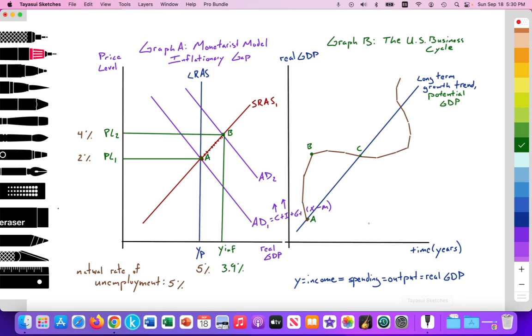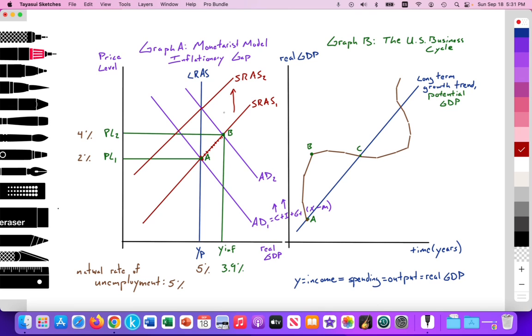So we can illustrate that. SRS is rising. Costs of production are increasing, from SRS1 to SRS2. Now, as firms compete for resources from A to B, they're trying to increase their production and they find less and less available labor, so firms will be more willing to offer higher wages to attract the remaining units of labor. If wages go up, that's a cost of production, that will cause SRS to decrease.